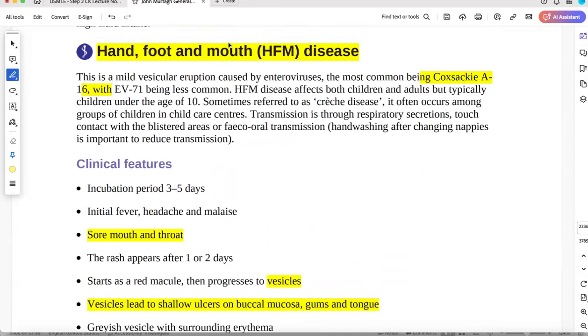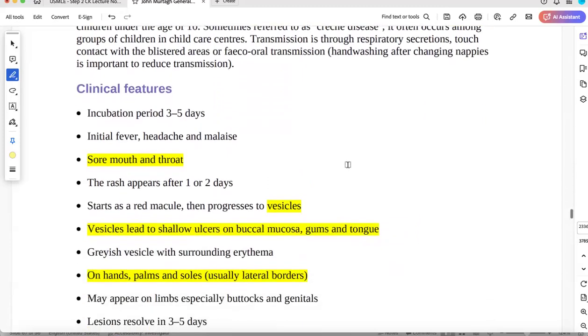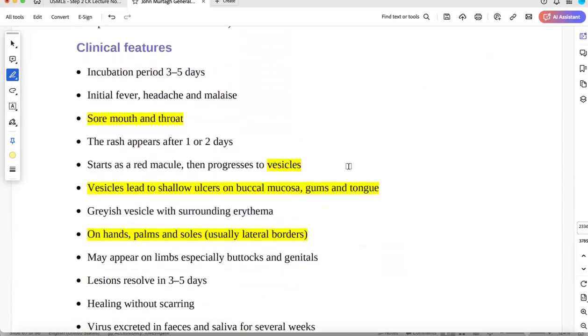Hand, foot, and mouth disease. Hand, foot, and mouth disease is caused by Coxsackie A virus or enterovirus. So this is also a viral infection, and the name suggests where the rash will be. The rash is a vesicular rash, so a fluid-filled rash, and then it becomes ulcerated.